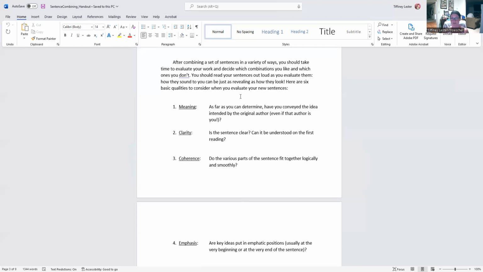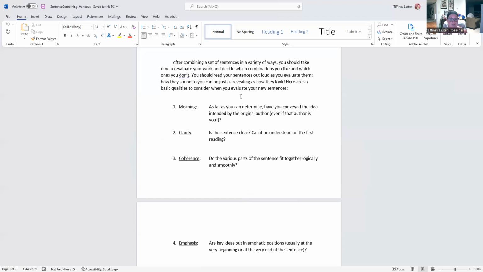You don't often want the focal point to be right in the middle of the sentence, because that's the part that the reader might gloss over the most. Not all the time. I won't say that you should never put the focal point in the middle of the sentence, but more than likely, it's more effective to put it either at the beginning or even more so at the end.